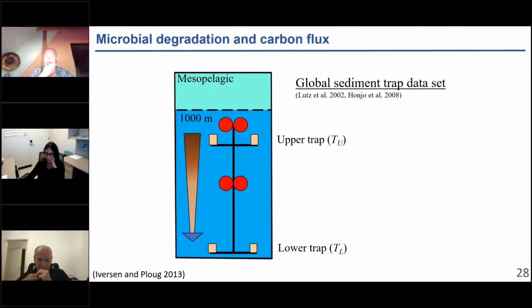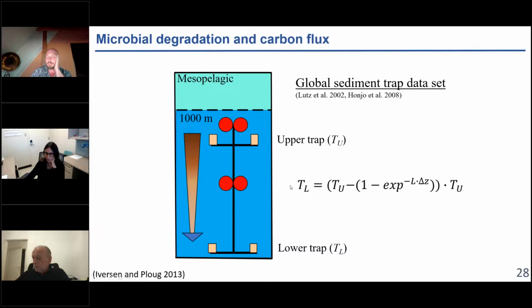We wanted to test that, so we took a global ocean data set from sediment traps. We only included sediment traps that were below 1,000 meters. So the upper trap should be below 1,000 meters, where it's 4 degrees less. And we needed a deeper sediment trap to include it, which was collected around the same time and in the same area.